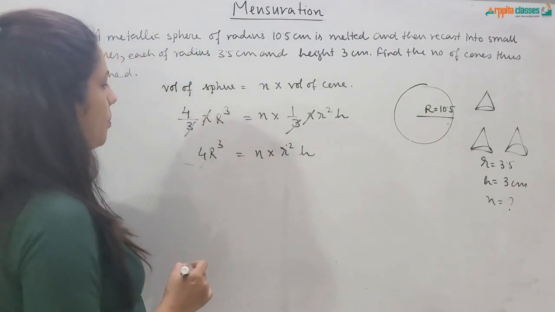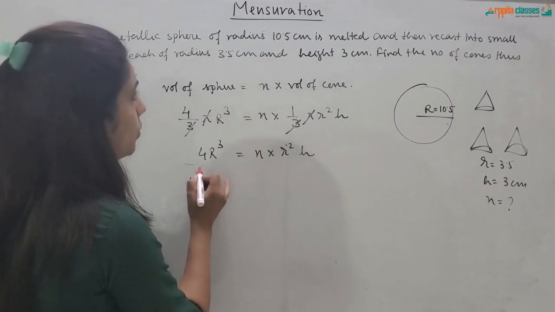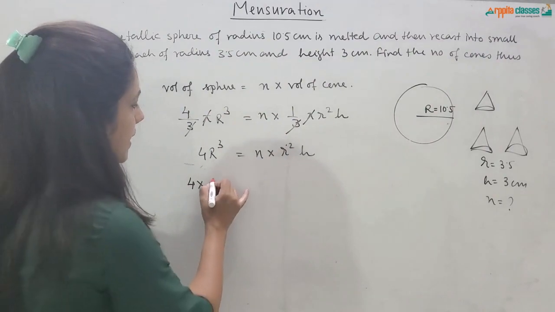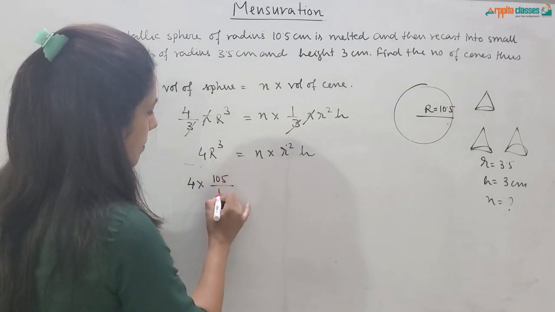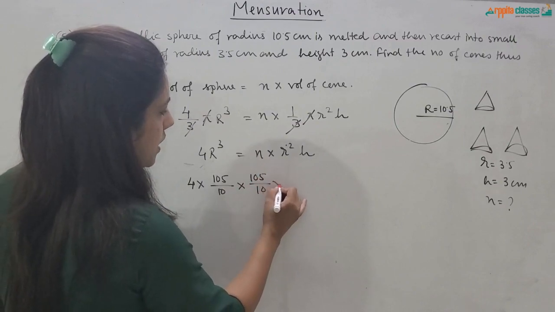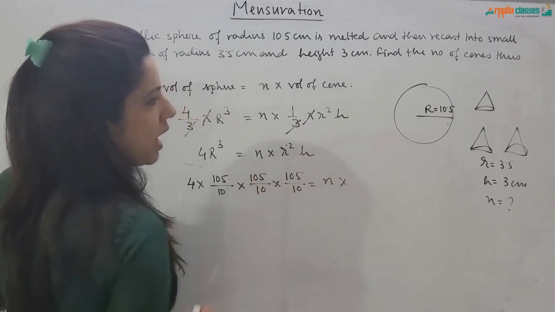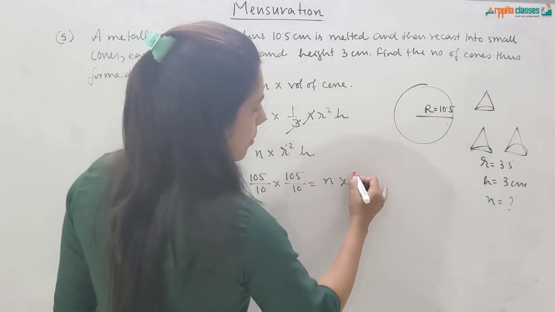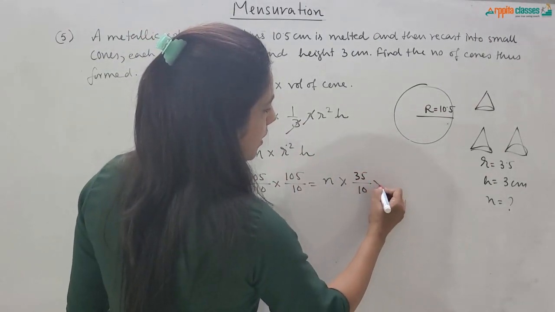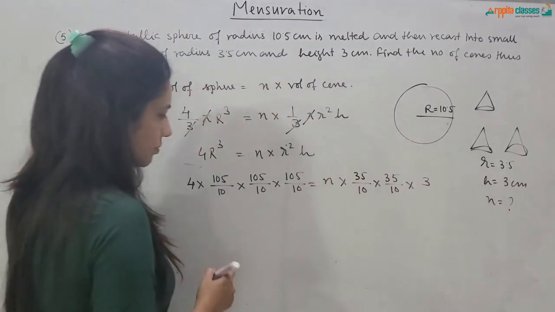Now let us put the formula values. Sphere is 10.5, so 4 into 10.5, I will be writing it as 105 upon 10. Since it is cube, it will be 3 times, is equal to n into r square. Small r is 3.5, I will be writing it as 35 upon 10, 2 times because it is square, into height 3.